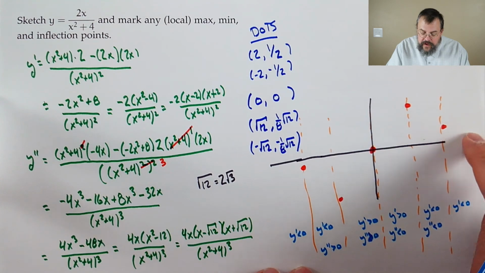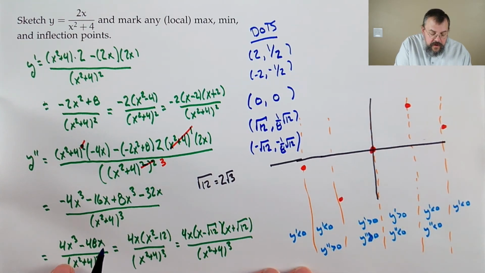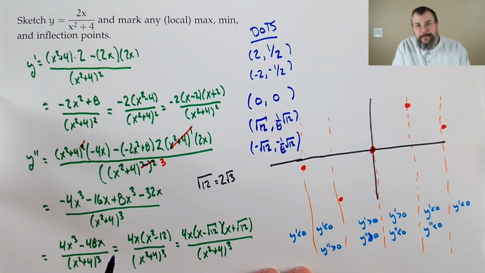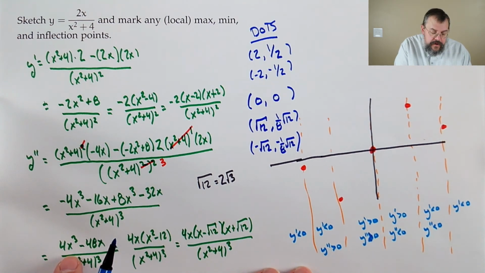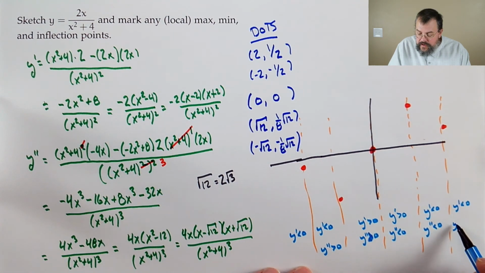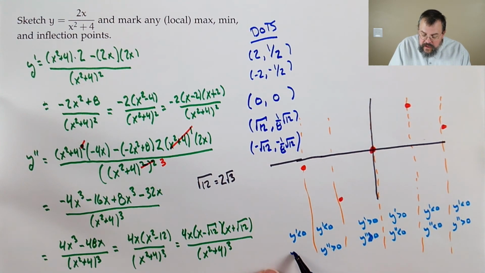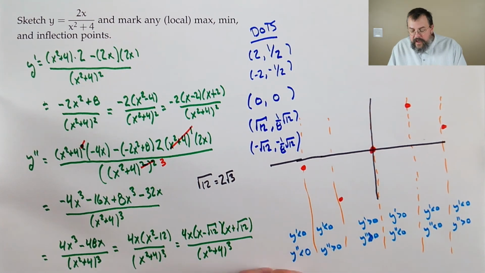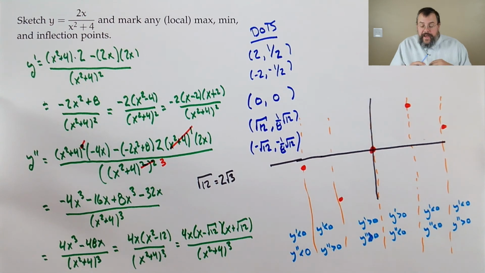So a very large value, like 1,000,000. If you pick a very large value, what you'll see is that the x cubed term dominates, so you're going to be positive. So our second derivative will be positive. On the flip side, that means our second derivative is negative. Okay, so that's all our points and all our intervals.